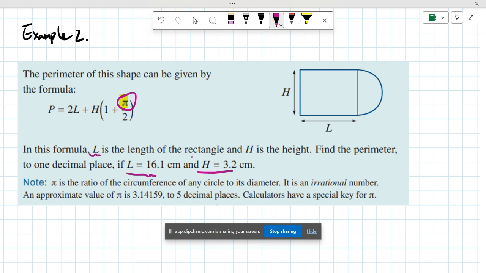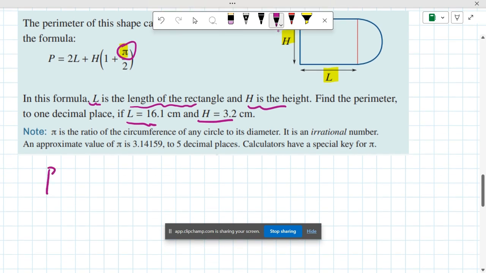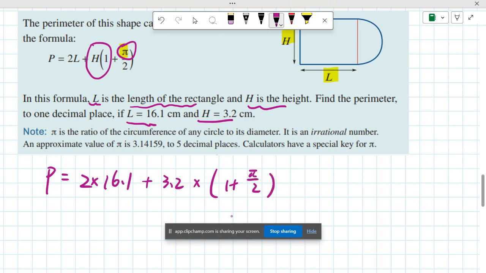L represents the length of a rectangle and H is the height, as they show on the graph. So P equals 2 multiplied by 16.1 plus 3.2 multiplied by 1 plus pi on 2. Remember, if you don't have anything between, that means multiply.